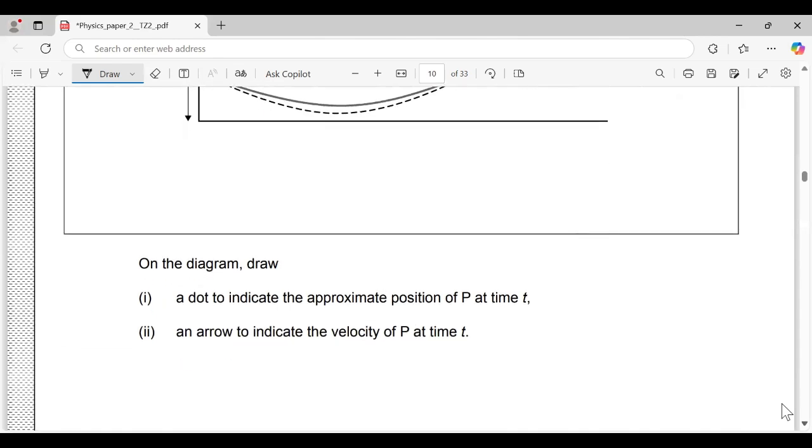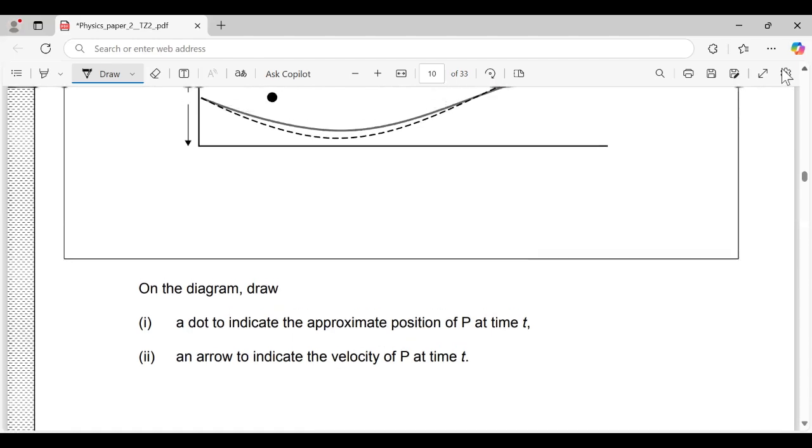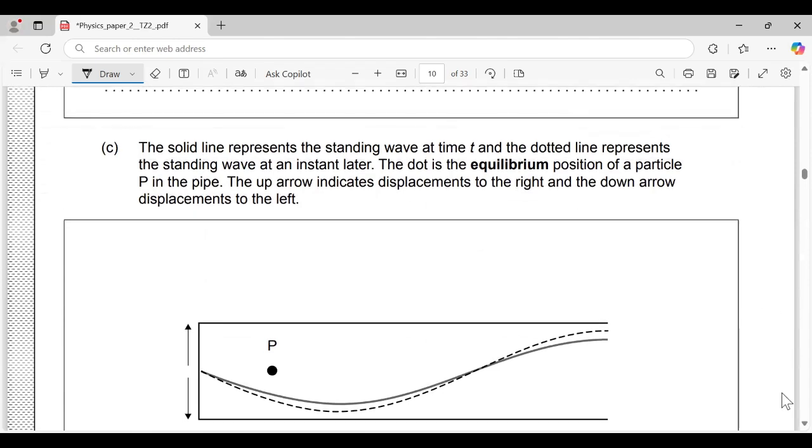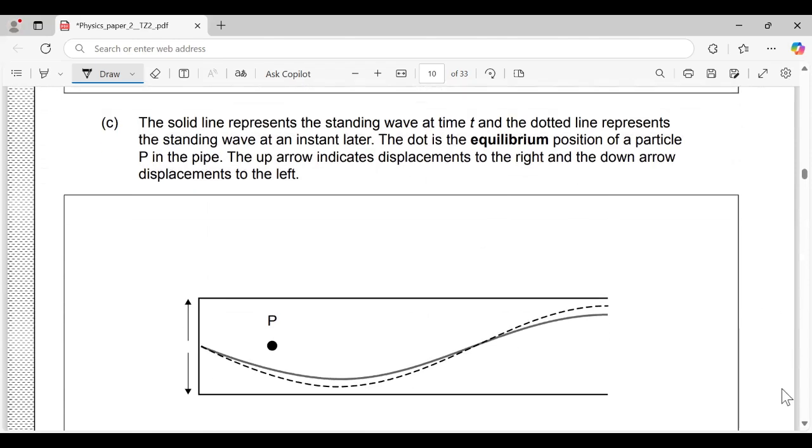On the diagram, draw a dot to indicate the approximate position of P at time t. So we need to find the equilibrium position. When the dot is on the equilibrium position here at the midline, this is the equilibrium position.